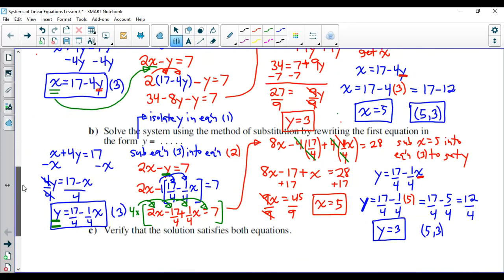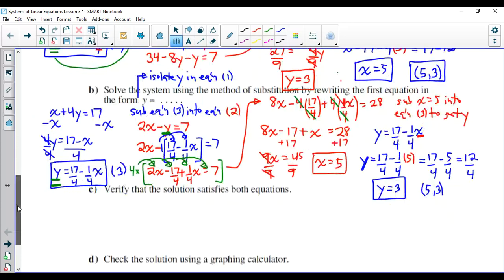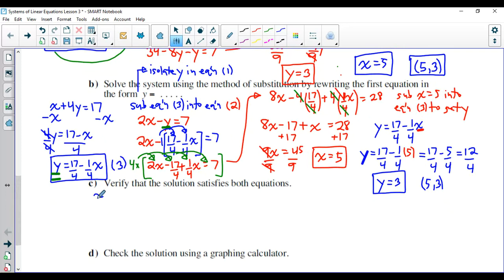So the first one is x plus 4y is equal to 17. I'm going to plug into this equation x equals 5 and y equals 3. So in the place of x, we'll plug in a 5 plus 4 times the value of y, which is 3.